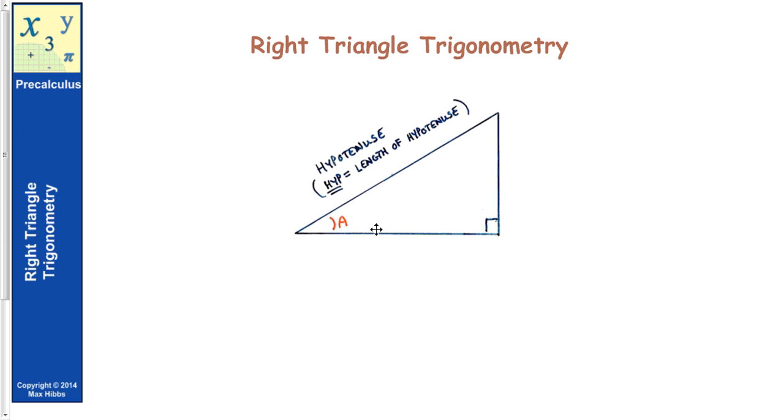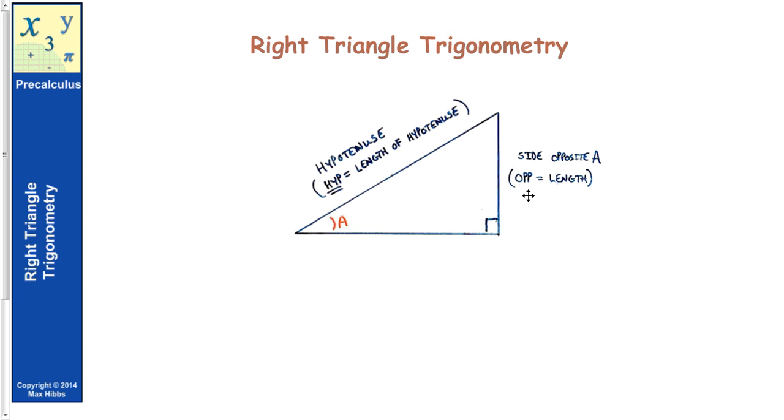Okay. Now, when we're talking about an angle A in a right triangle, of course we have a right angle and we have two other angles. And so some of the terminology we have to get used to is when we say the side opposite the angle A, then of course we're talking about one of these two legs. And of course opposite of A is this side over here.